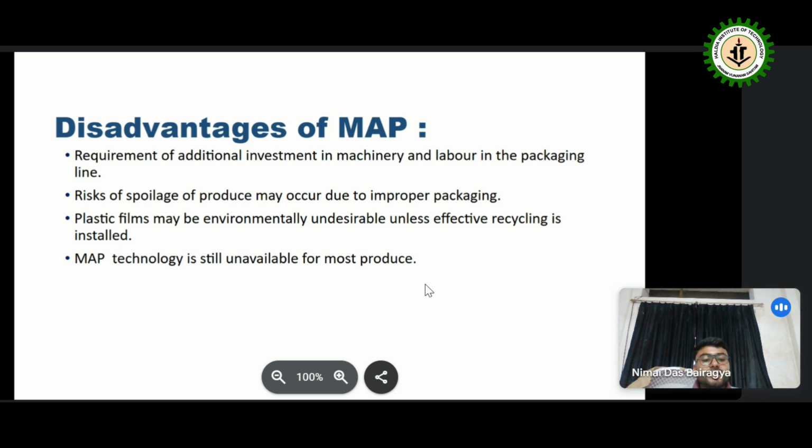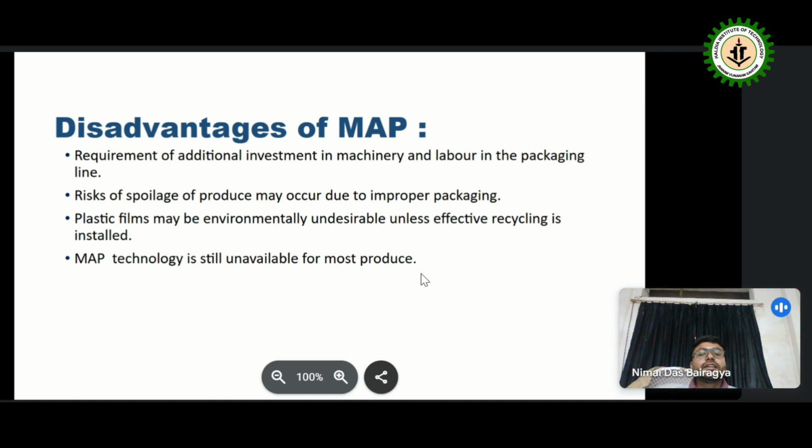Plastic films are sometimes used for these types of modified atmosphere storage. This is not environment friendly if we use plastic film, so if we recycle the plastic film, then it is better. And modified atmosphere technology is unavailable for most products at the ground level. This is also a disadvantage, because it is a novel technology.